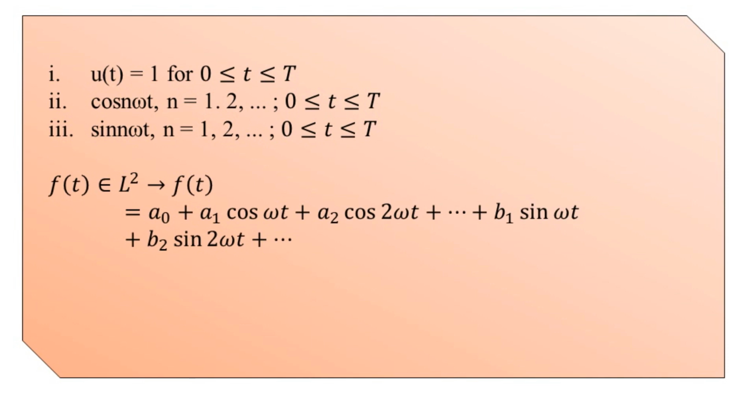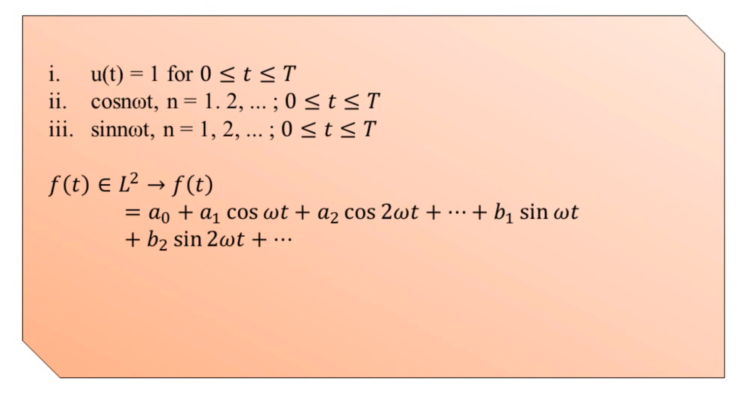This implies that f of t can be expressed in terms of a0 added to a1 multiplied by cos omega t, further added to a2 multiplied by cos 2 omega t, and so on.